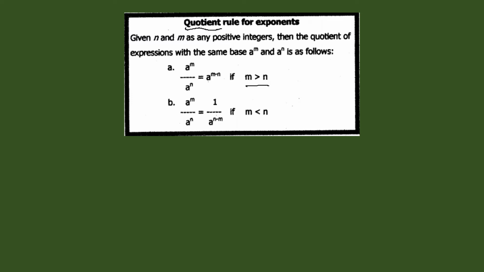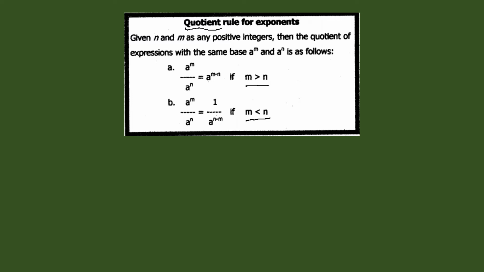But if the exponent in the numerator is smaller than the exponent in the denominator, then the answer would still be subtracting the exponents, but it should be 1 over a to the n minus m. Okay? So if we look at this law, it states that if you're dividing an expression with the same base, having different exponents, there are two things that you need to understand.